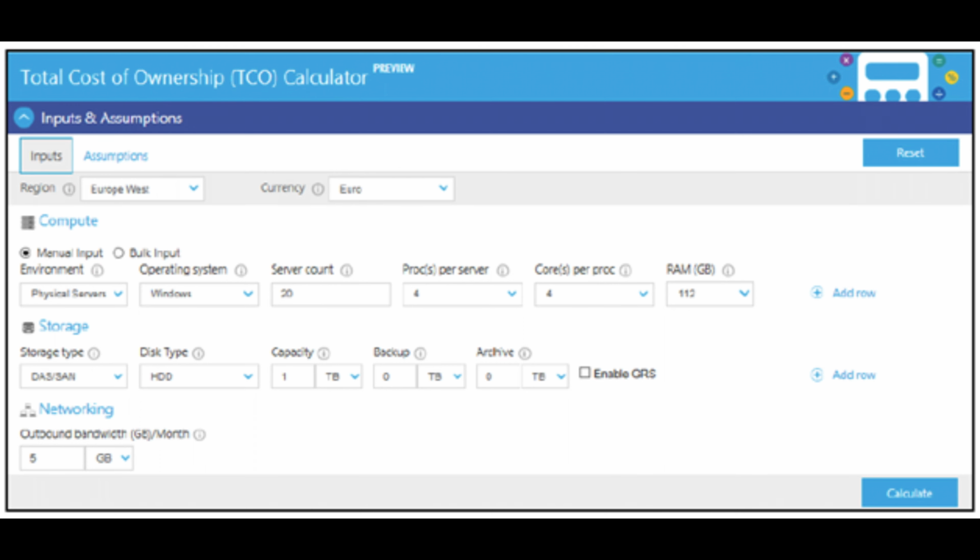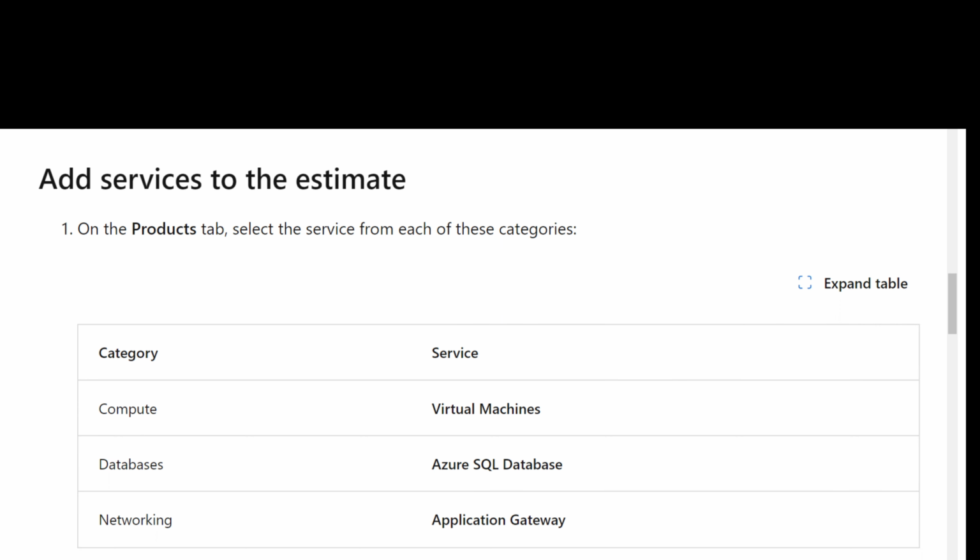To estimate workload cost by using this price calculator, you need to define your requirements, right? And then, while exploring this price calculator, first estimate your solution. You can add services to the estimate, such as compute, database, networking, whatever service you need.